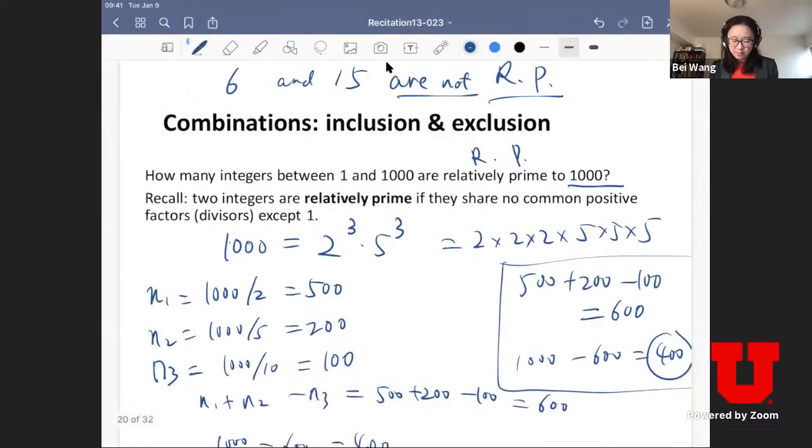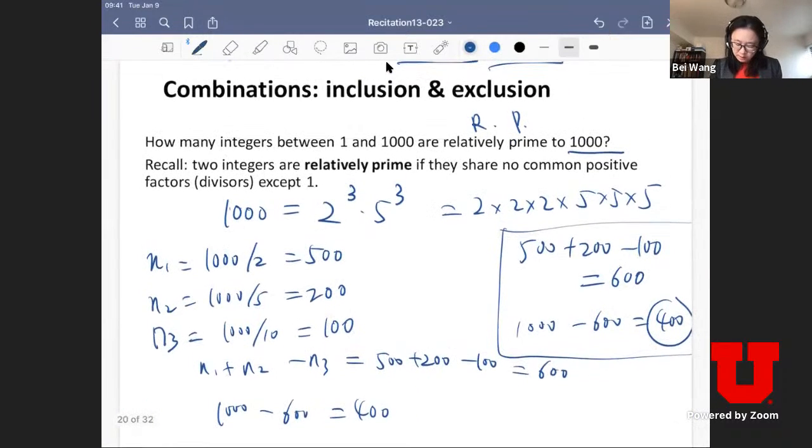Another way to think about it is really, we have 1,000 minus the number of integers divisible by 2 minus the number of integers divisible by 5. And I over-subtracted, so I need to add the number of integers divisible by 10, because I subtracted them twice already. I need to add them back at least one copy. So that is 400.